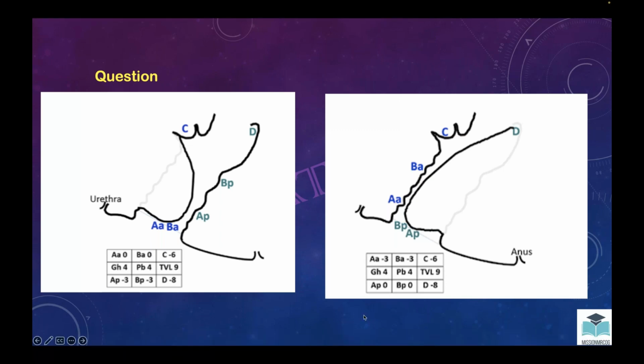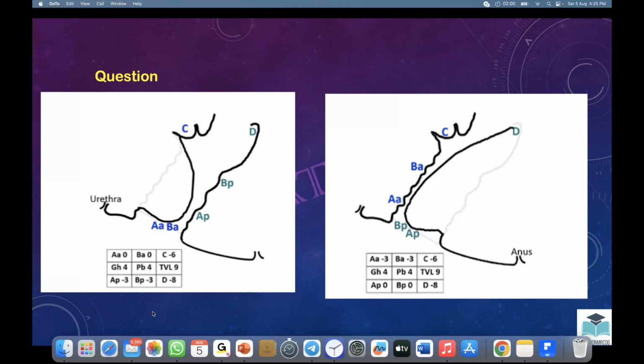Anyone want to say, people should say something. Okay, come here. So what is 0 and plus here? Hello. What is 0? One by one. What is this prolapse?